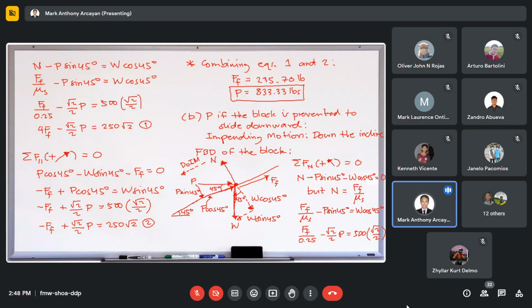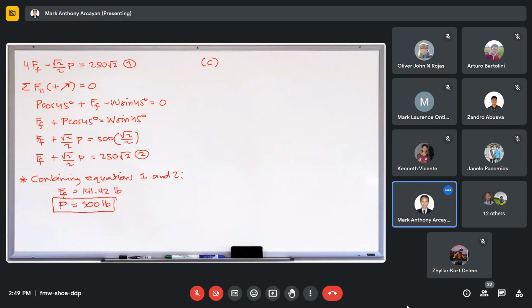Second, you also have to overcome the frictional force. So that is 833.33 pounds. In the second statement, our force P is reduced to 300 pounds. Because in the second condition, the force P is required to prevent the block from sliding down the incline. So that is what is needed. Then the frictional force helps here.